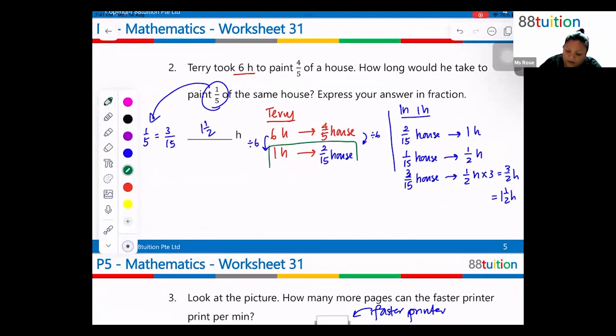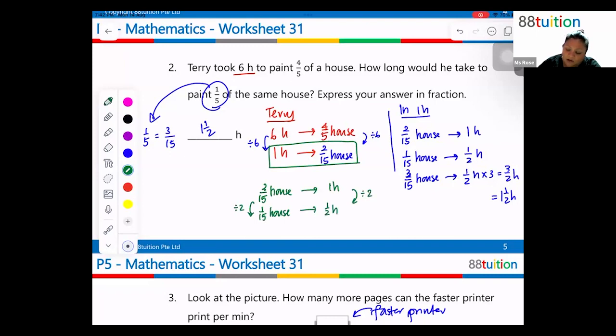So we know that in 1 hour, Terry can paint 2/15 of a house. So to paint 2/15 of a house, Terry took 1 hour. Now, to paint 1/15 of the house, I divide by 2. So that's half an hour.